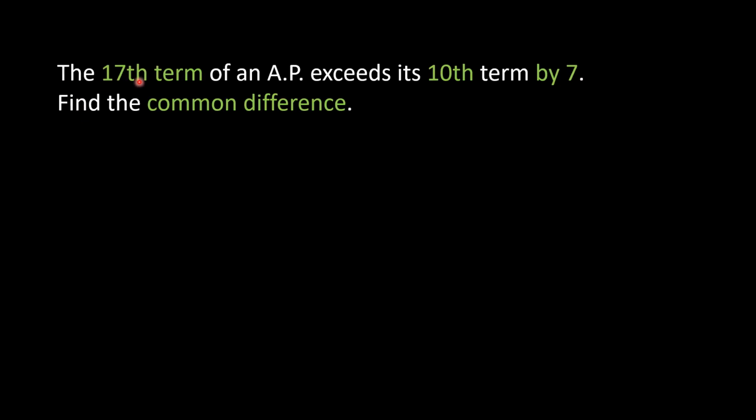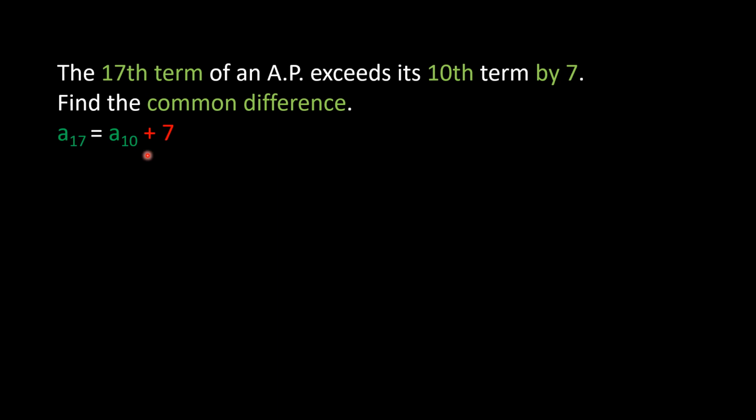The 17th term of an AP exceeds its 10th term by 7. We have to find the common difference. Here, the relationship between the 17th term and the 10th term has been given. So we write A17 equals A10 plus 7. That is, the 17th term exceeds the 10th term by 7.